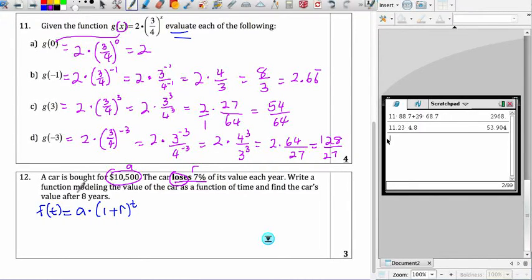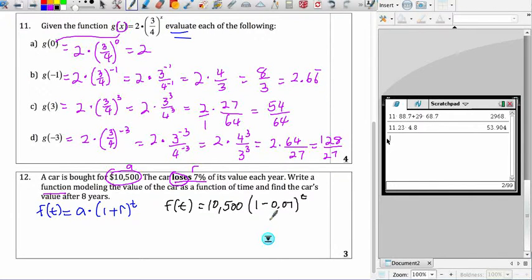The first part of the question says write a function which models the value of the car as a function of time, and so we're going to say f of t is equal to 10,500 multiplied by 1 minus 0.07 to the power of t.